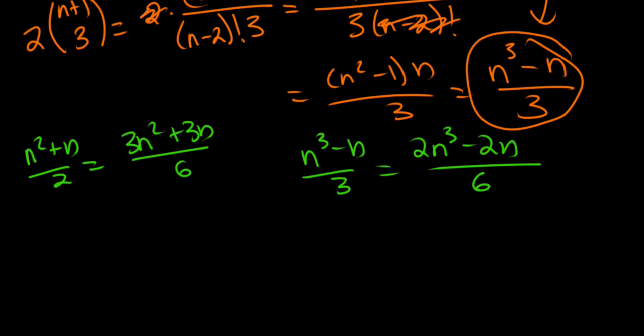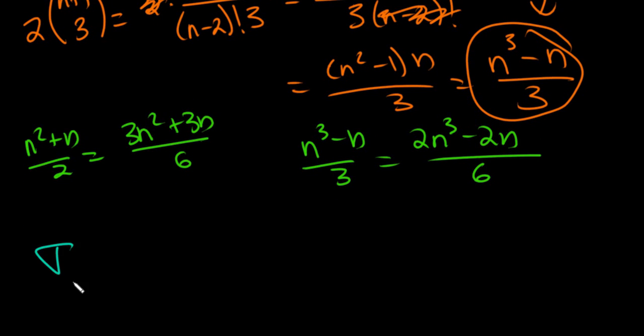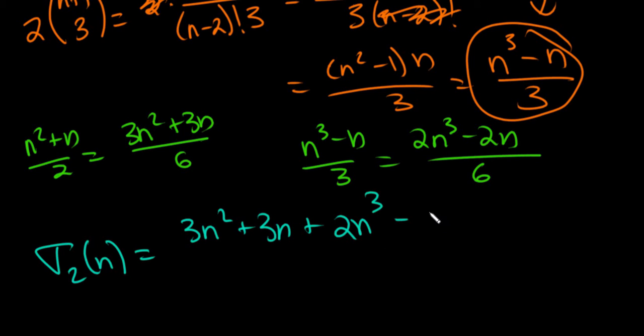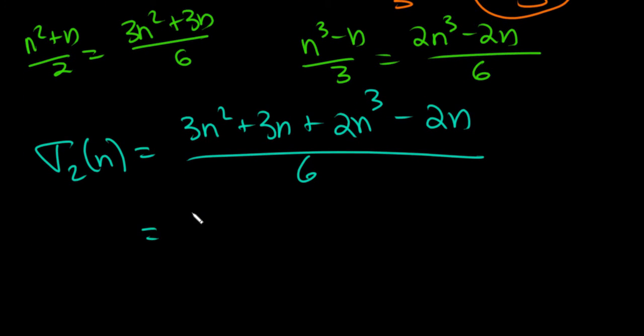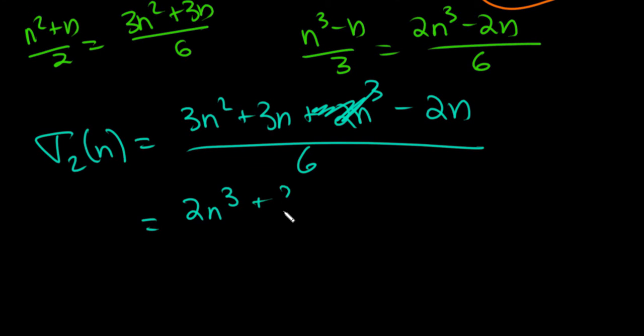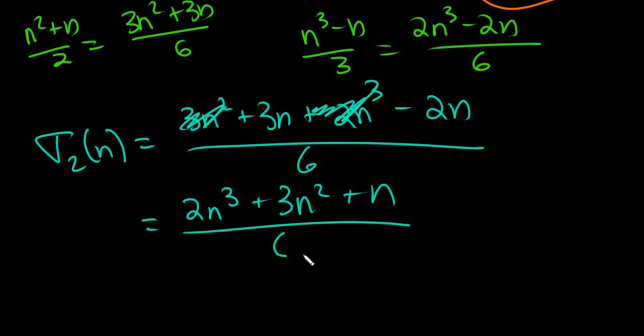So now we can add them, and we'll get sigma 2 of n is equal to (3n squared plus 3n plus 2n cubed minus 2n) all over 6. Almost there. This is equal to 2n cubed, that's the cube term, plus 3n squared, and then plus 3n minus 2n is plus n, all over 6.